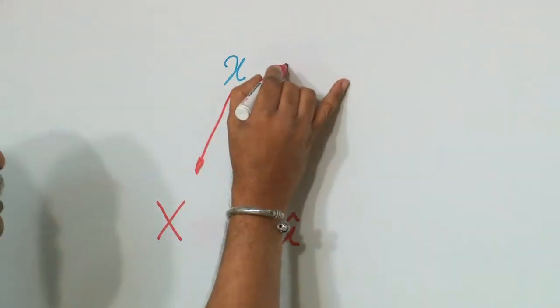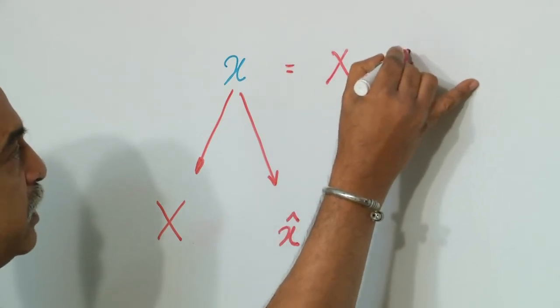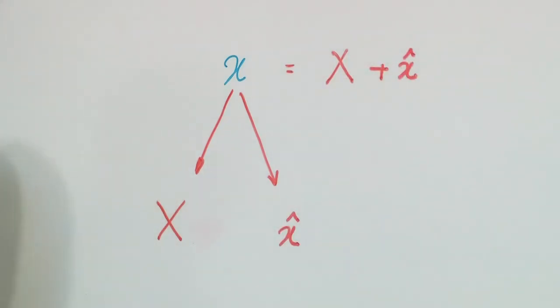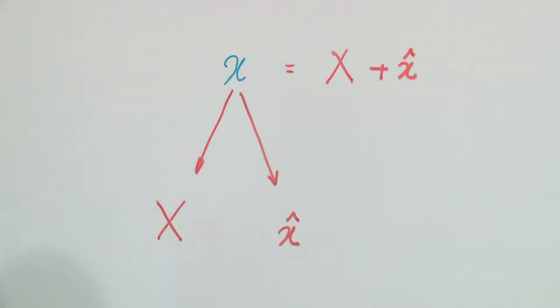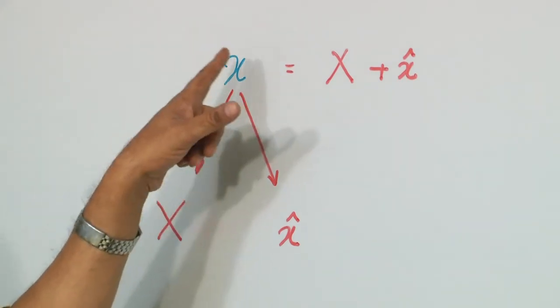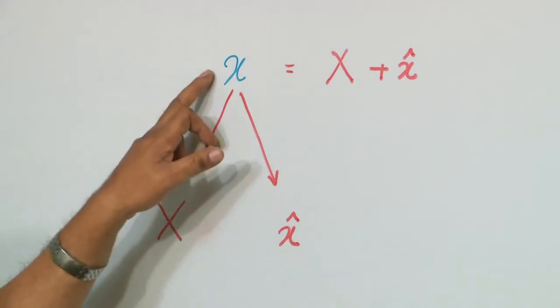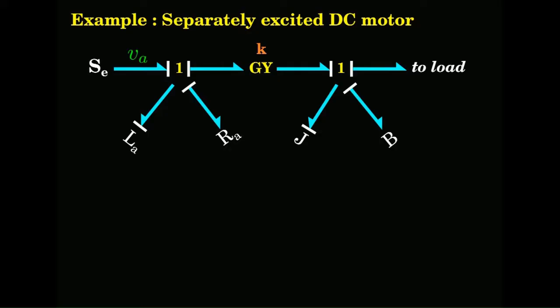So, therefore, this is equal to x uppercase plus x hat. So, this is the varying quantity, this is the fixed quantity and steady state quantity, and what we can call the complete large signal variable. So, this is a large signal variable, steady state variable, small signal variable. All will be in that fashion.